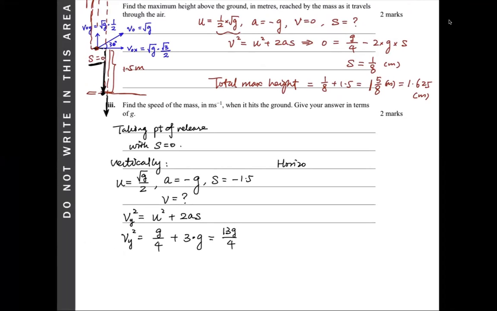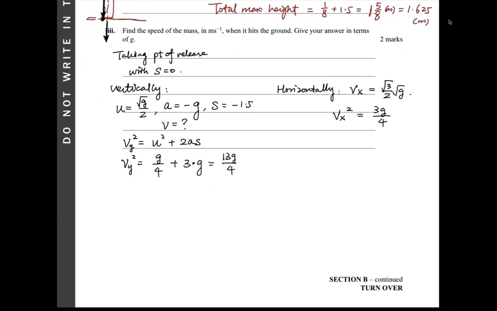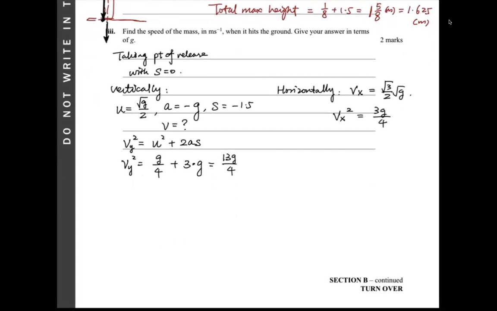Horizontally, Vx equals √3/2 times root g. Therefore, my Vx squared equals 3g/4. Well, that explains everything perfectly, okay?